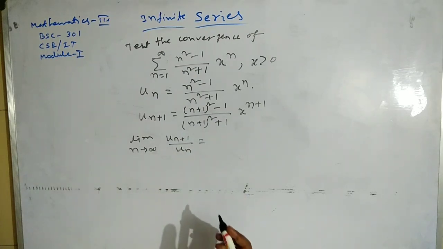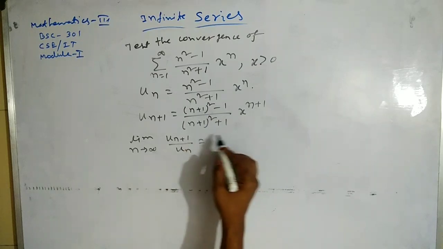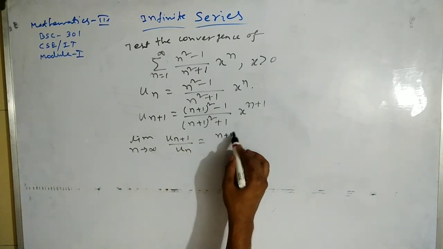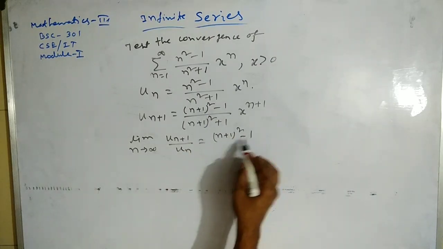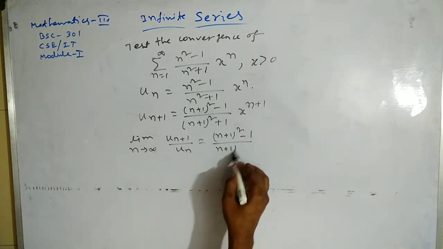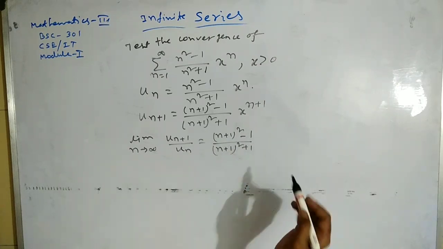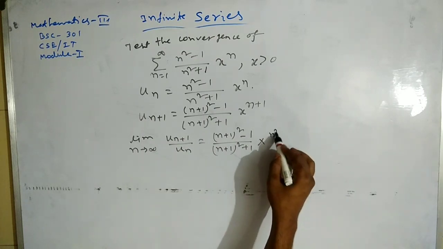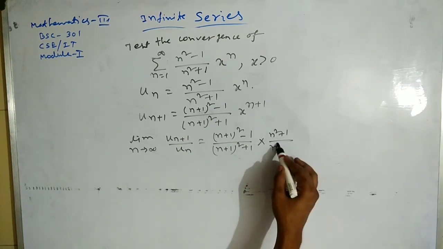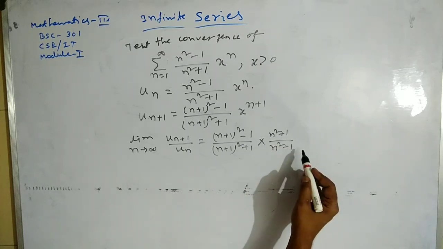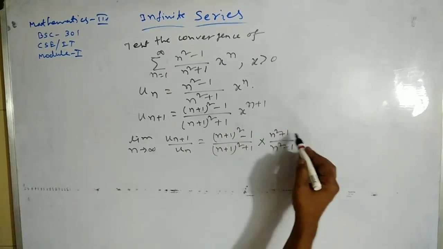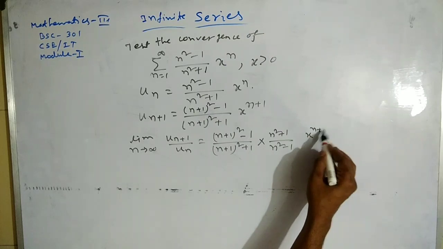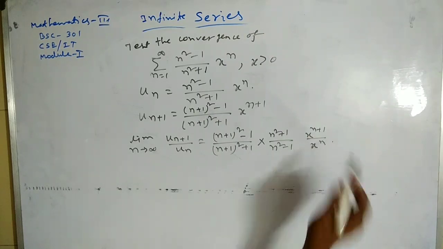Then what will be u_{n+1} by u_n? u_{n+1}, that is ((n+1)² − 1)/((n+1)² + 1), by u_n, that will be (n² + 1)/(n² − 1), and x to the power n+1 by x to the power n.